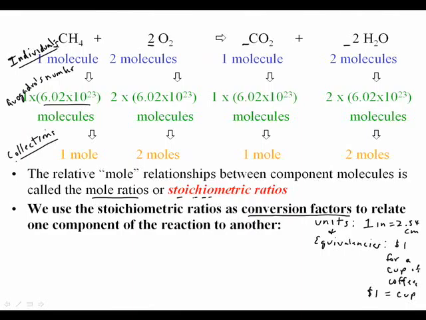Now this equal sign means a little bit different. It means equivalence or related to, correlates with, linked to, associated with, all these different connotations. What we look at in a balanced equation is the stoichiometric ratios as conversion factors.